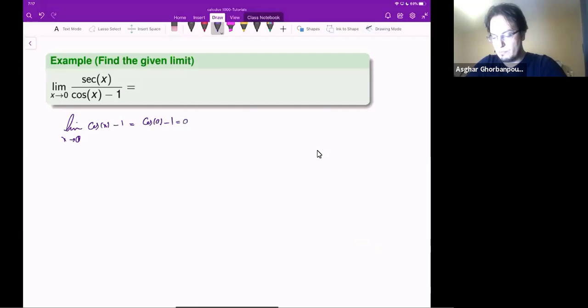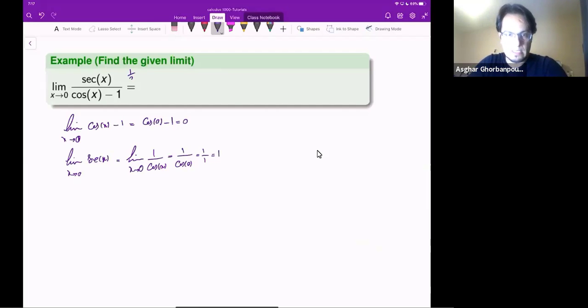So the denominator is 0. Secant of x as x goes to 0 is the limit of 1 over cosine x, which is 1 over cosine 0, which is 1 over 1. So we have 1 over 0 again.